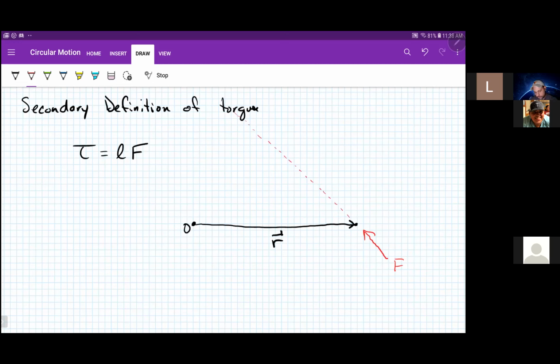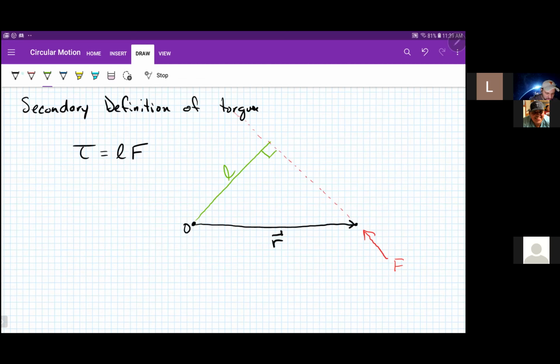I can draw another line that goes from O and is perpendicular to this line of action. That line is L, right? So if I can use geometry to figure out L, then I can just use that distance L times my force F, and I have my torque.